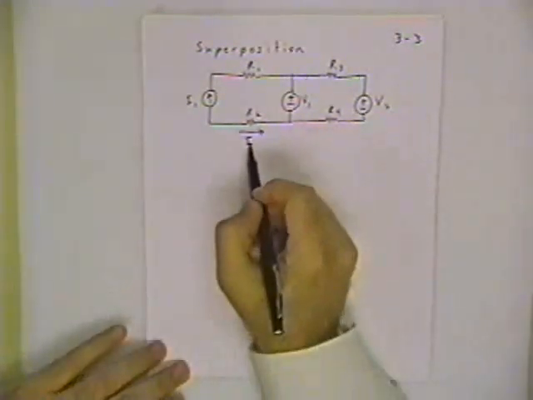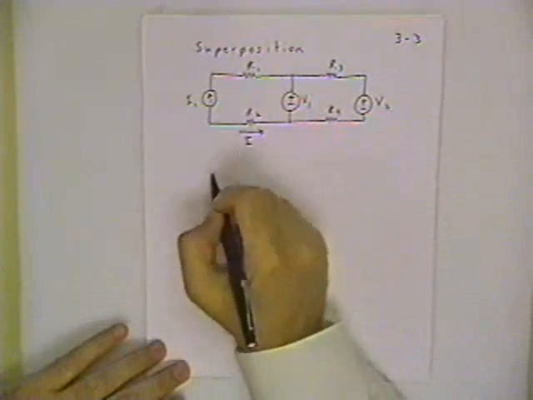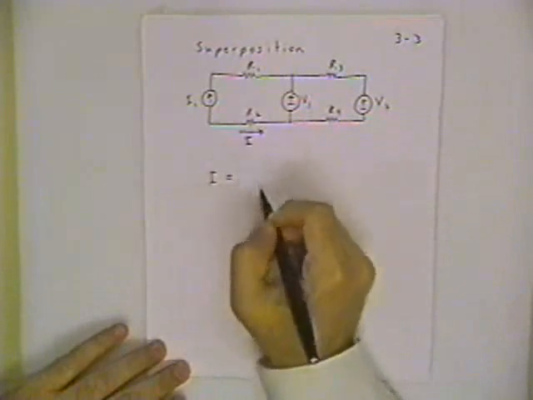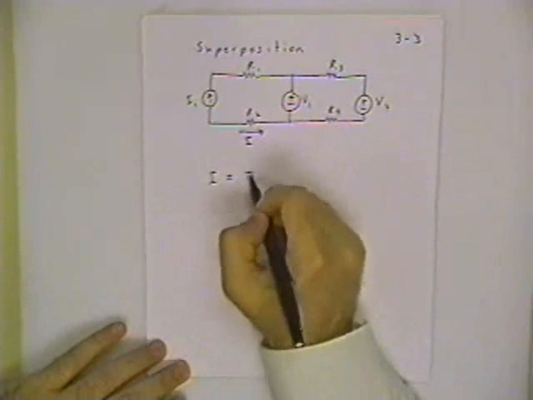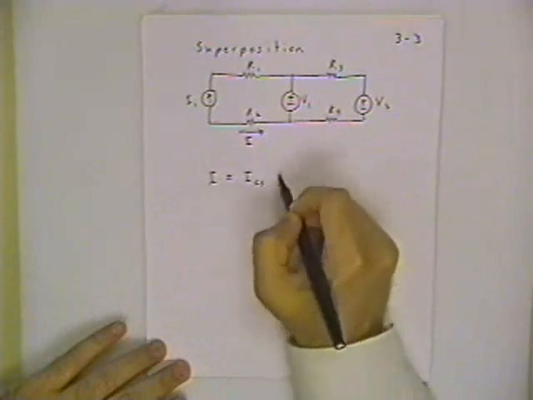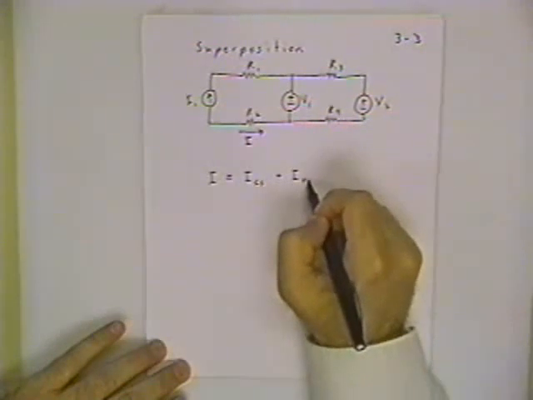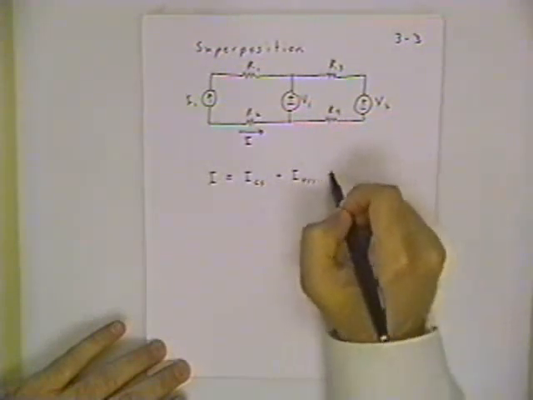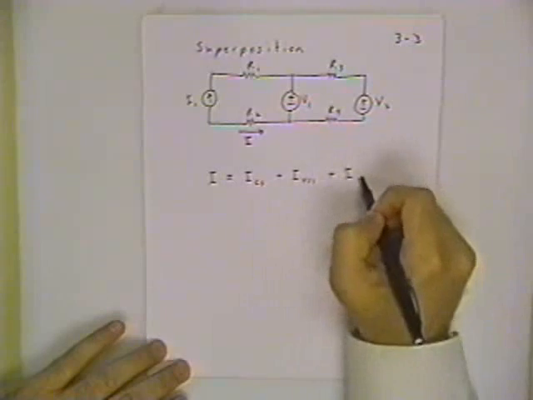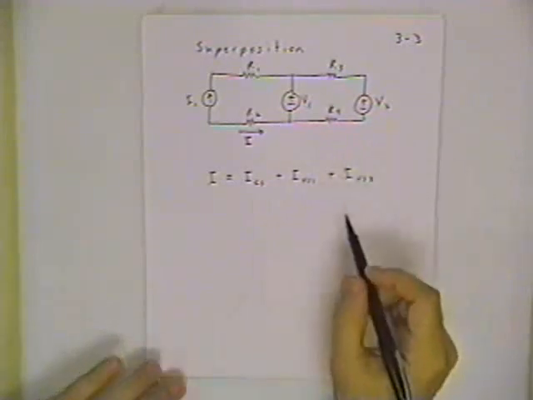What I can do is calculate this current I in 3 separate pieces. There's an I due to the current source. There's a current due to the voltage source VS1. And then there's a current due to the voltage source VS2.